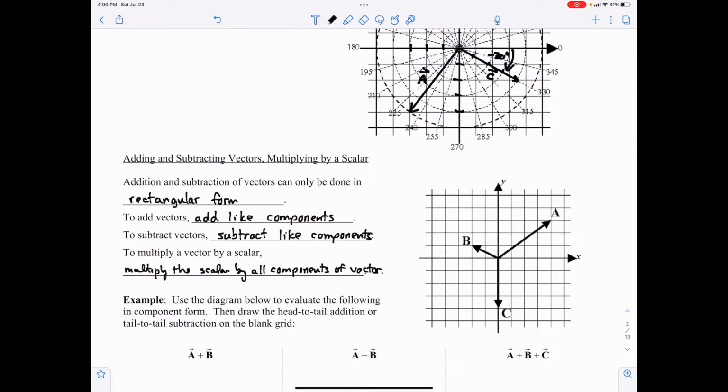Okay, notice the vectors over in the diagram to the right. Vector A points up and to the right, specifically 4 units to the right, 3 units up. Vector B points 2 units to the left, 1 unit up, and vector C points 4 units straight down.